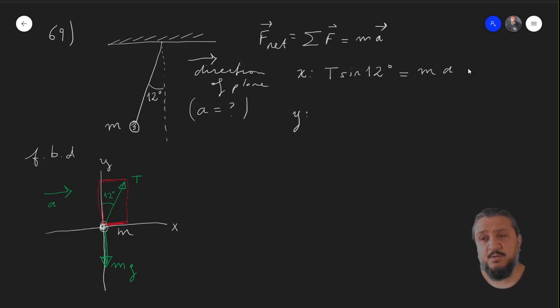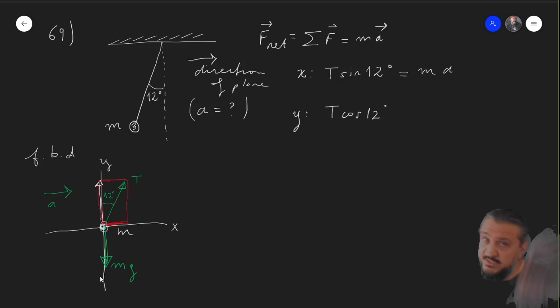Good. So what about the y direction now? In the y direction, now I need to focus on this side, which is the side adjacent to 12. So that side divided by hypotenuse is cosine 12. Therefore, the side adjacent is equal to hypotenuse times cosine. So T cosine 12, and it's pointing up, therefore positive.